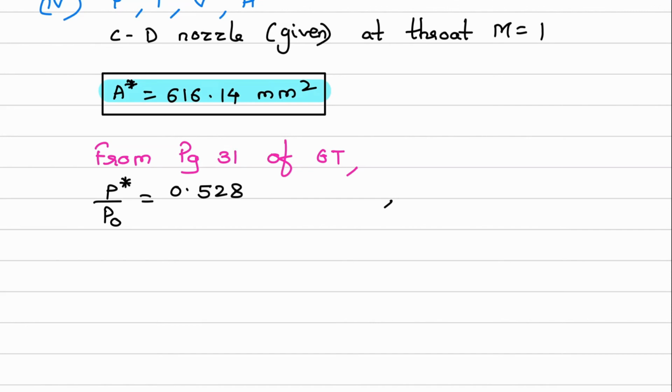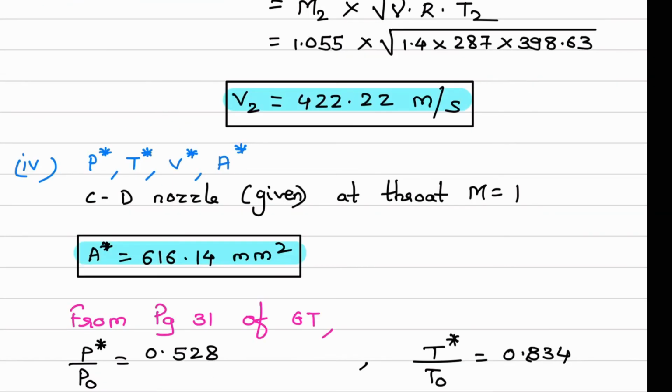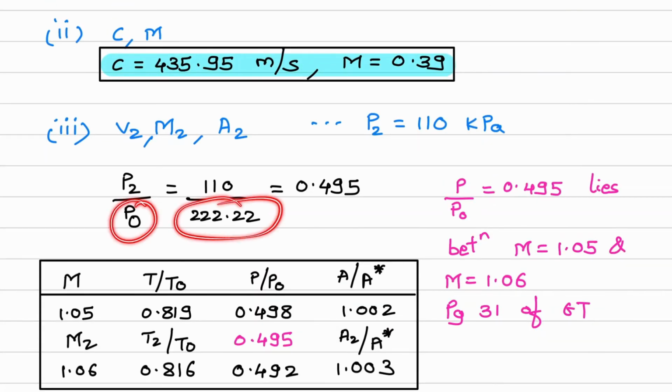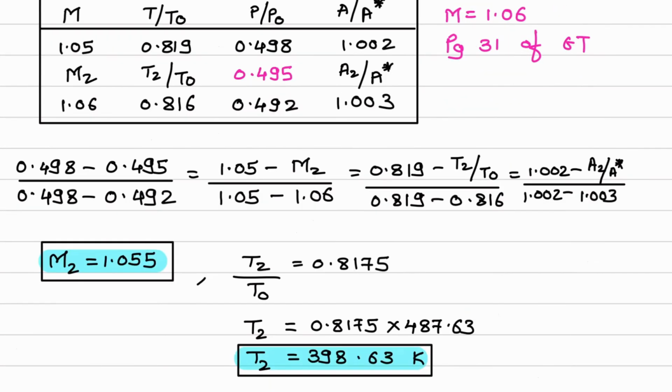Same way, T star by T0 also we have read. So T star by T0 is equal to 0.834. Now P0 is already known, so P star will be equal to 0.528 into P0. And what is P0? P0 is 222.22 kilopascal.